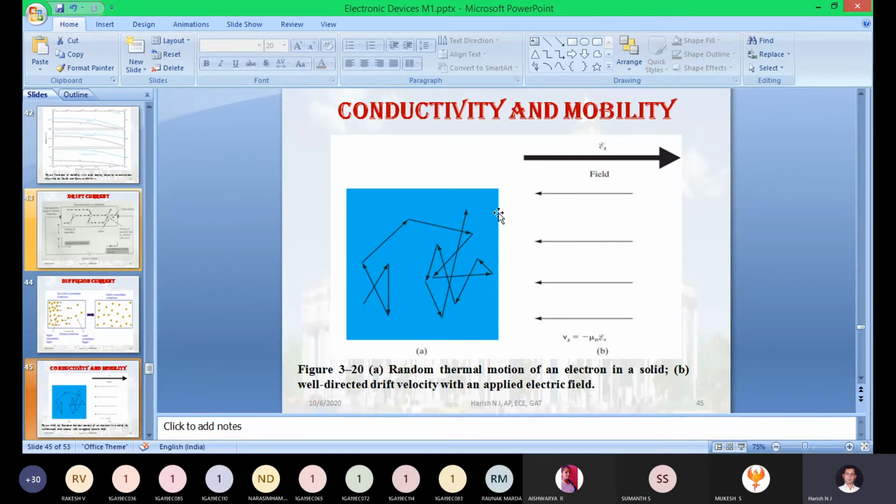So what I am going to do is apply an electric field here. When you apply the electric field, you can drive all the electrons in a particular direction. Can anyone tell me the direction of electron movement compared to the electric field?